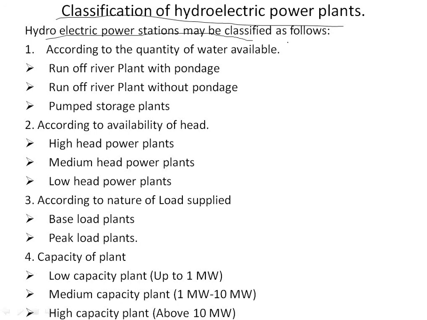Hydroelectric stations may be classified as follows. First one, according to the quantity of water available: run-of-river plant with pondage, run-of-river plant without pondage, and pumped storage plants. Second, according to the availability of head: high head power plants, medium head power plants, and low head power plants.